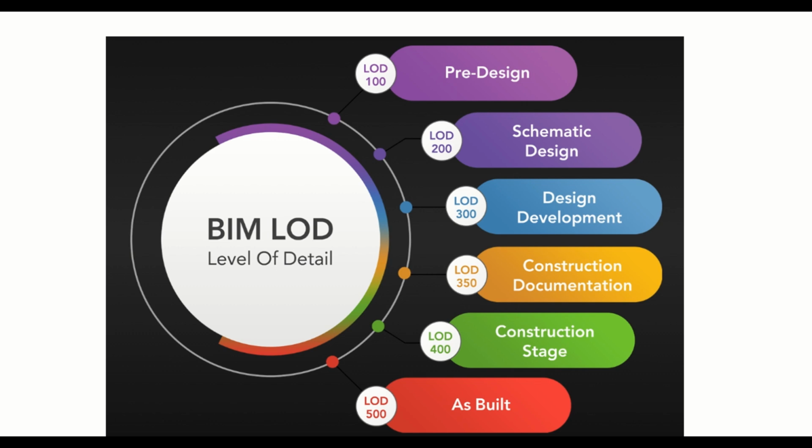Now, when it comes to LOD 300, it's called design development, or I would say the detailed design stage. Now the picture starts from right here. In the detailed design stage, every stakeholder, whether it's the plumbing, architect, structure, mechanical or electrical guy, comes together.